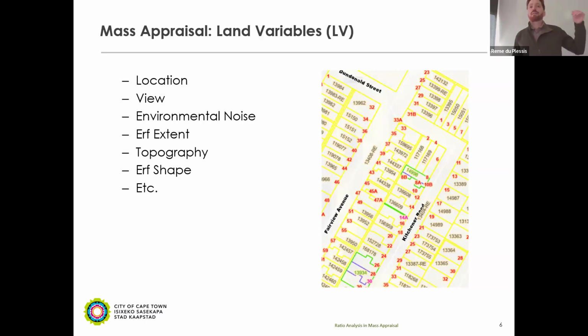But we get a cadastral file from the Surveyor General of South Africa that has every single erf mapped out on there. And we can then electronically go and calculate exactly what the area is that's covered, what the perimeter is, etc.